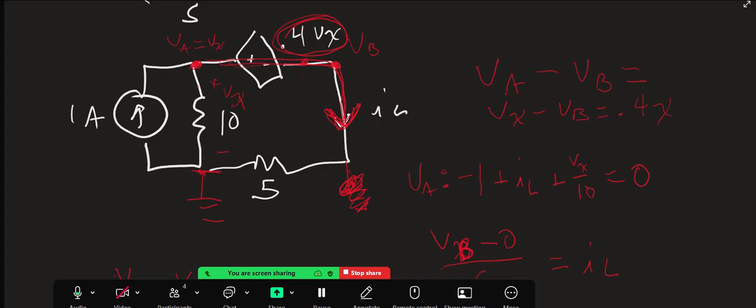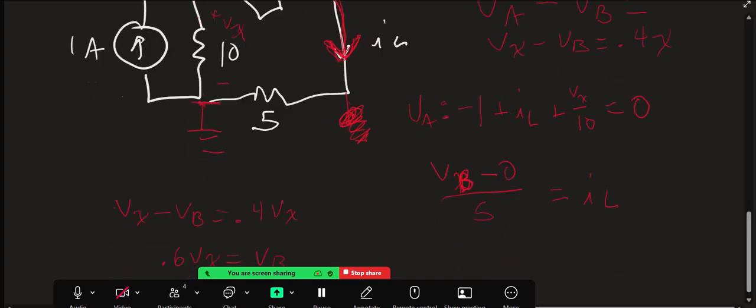Nodal analysis is all the currents coming out. At this point, I don't have a better way of saying what that current going out is. We're about to do some substitution and put other stuff in. Right now I'm calling it IL because I've got that dependent voltage source right there. Does that make sense?